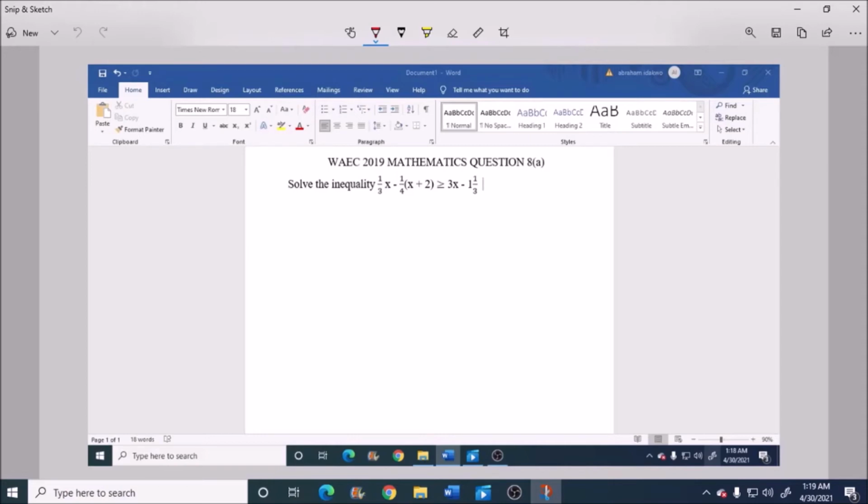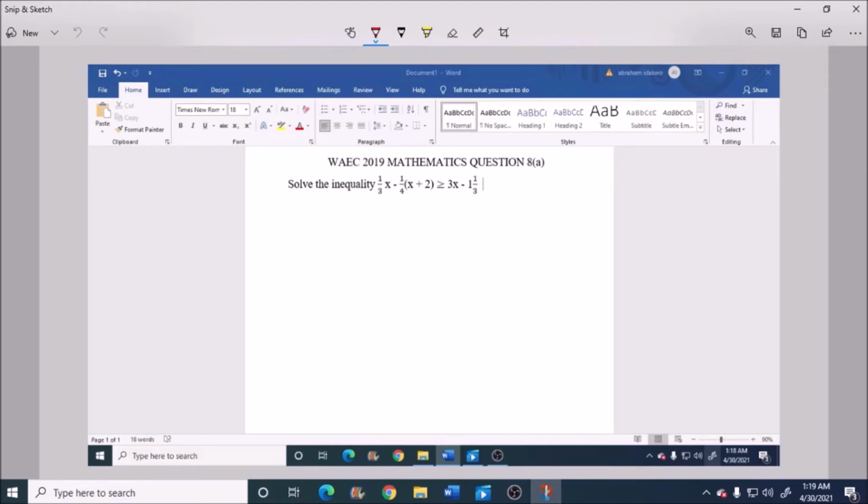In order to solve this problem, let us find the LCM of the inequality. The LCM is 12. So we multiply through by 12.